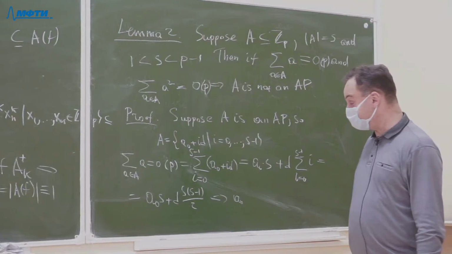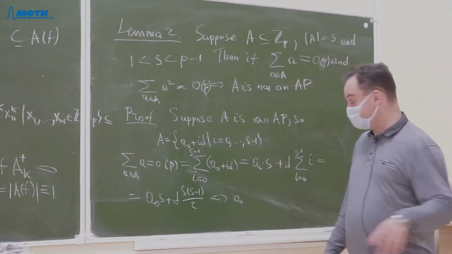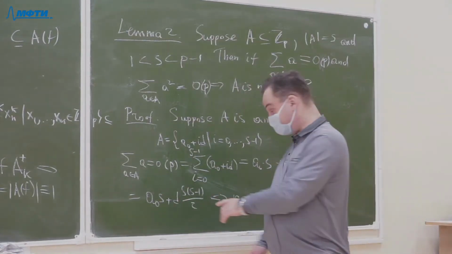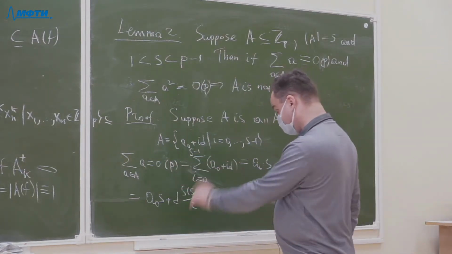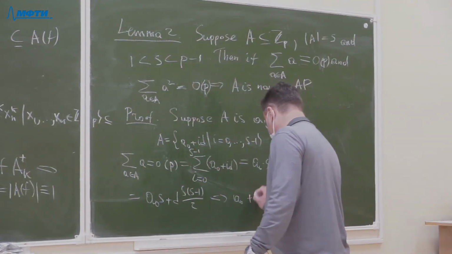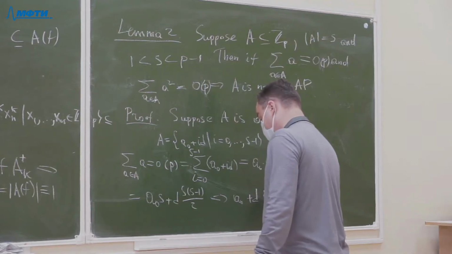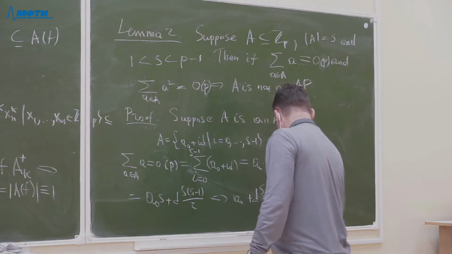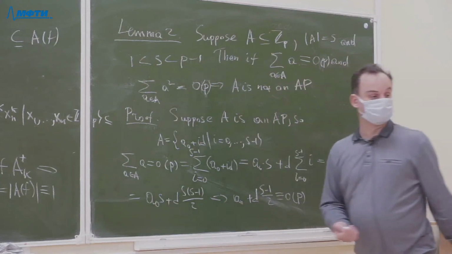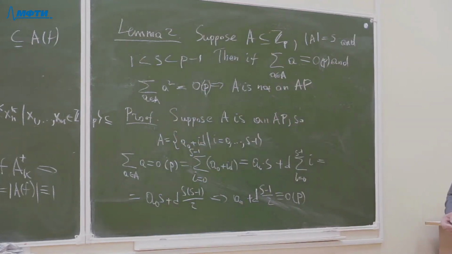We can multiply by S inverse, and S inverse times S is 1, so we can remove this S. And so A0 plus d times S minus 1 over 2 is 0 modulo P. Good.